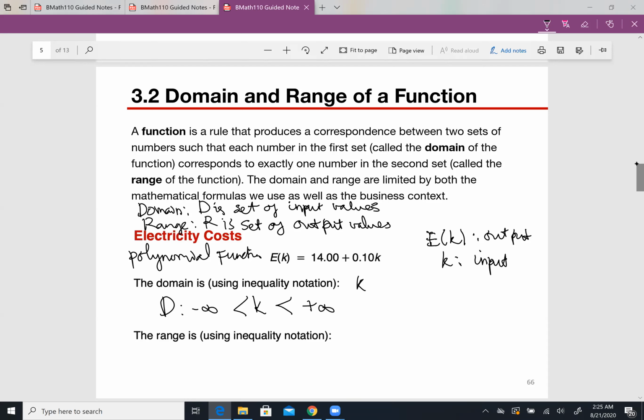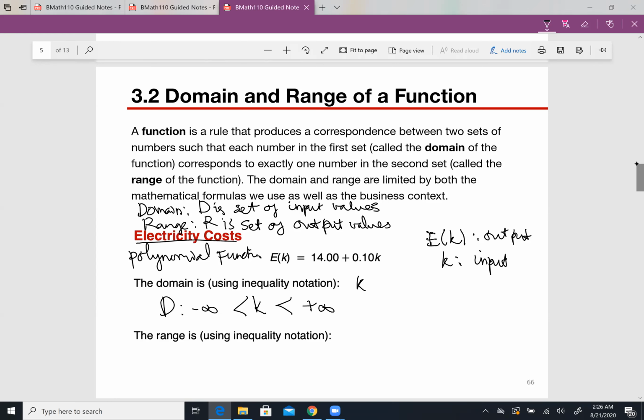But the thing in here is, this problem, again, is electricity cost, which means it is a real life problem. It doesn't make sense if the K in here is negative.